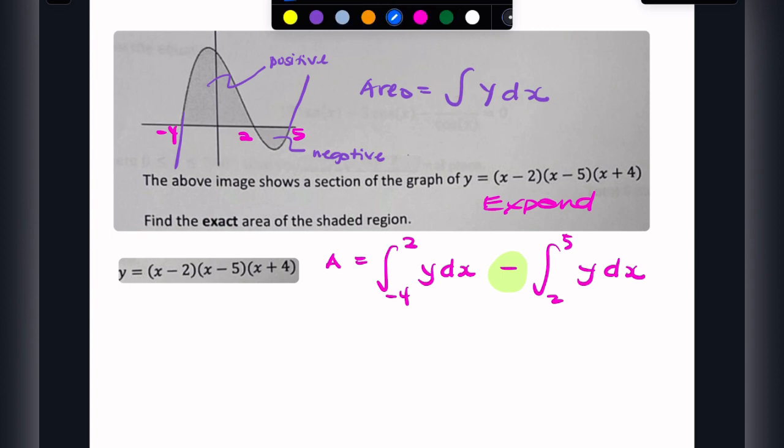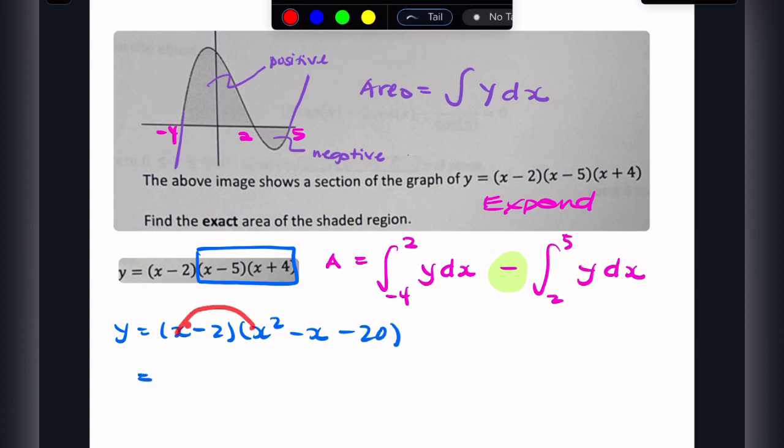And to do that, I'm going to multiply these two first, and then multiply by the third term. So y equals x minus 2 times x squared minus 5x plus 4x is minus x minus 20. And then we're going to multiply x by all of those.